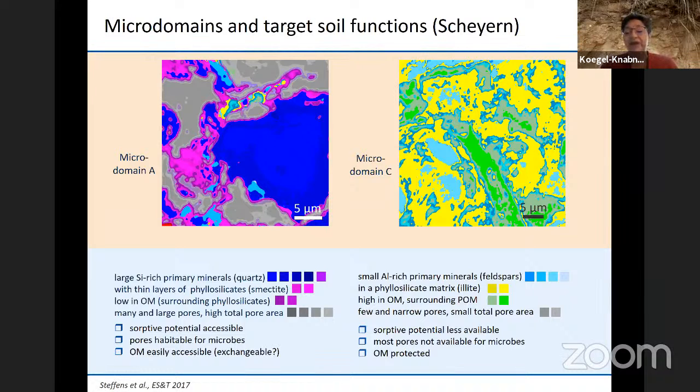So this shows how strongly organic matter and organic matter formed aggregates have different functional domains within one aggregate, and of course the same would occur in the next aggregate of this soil.